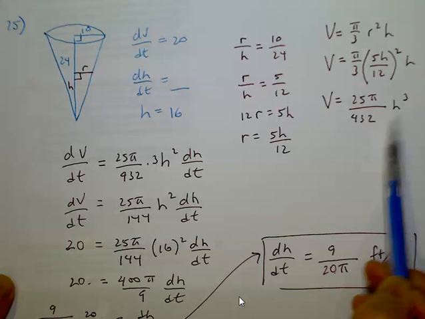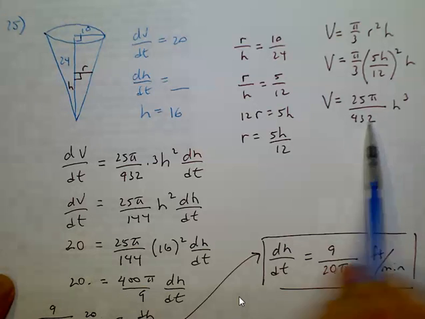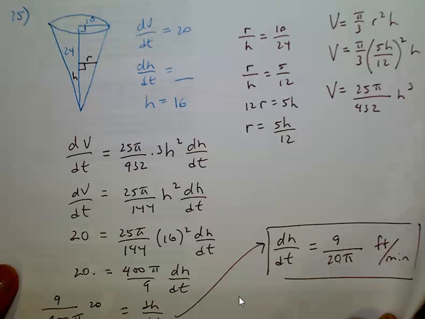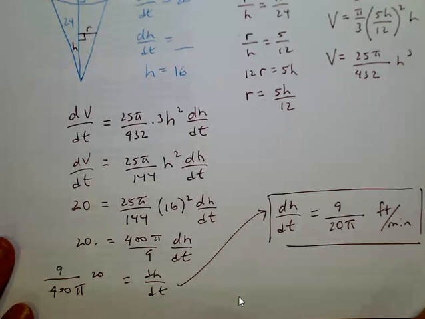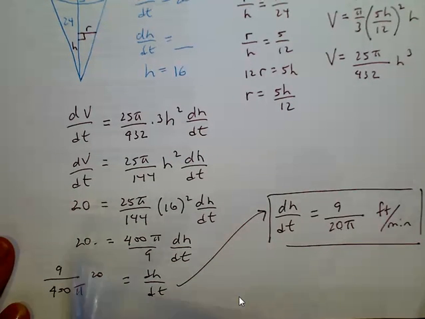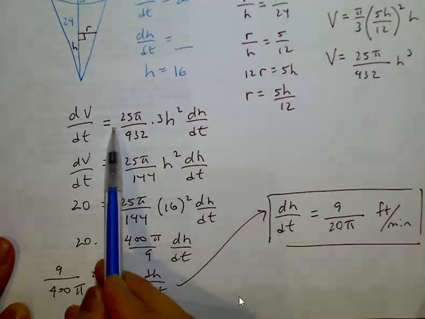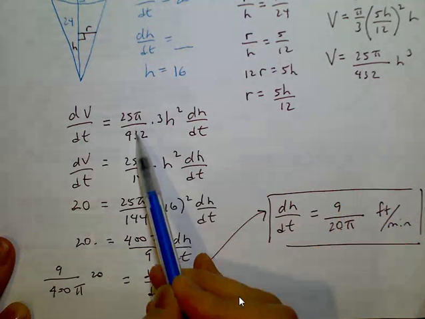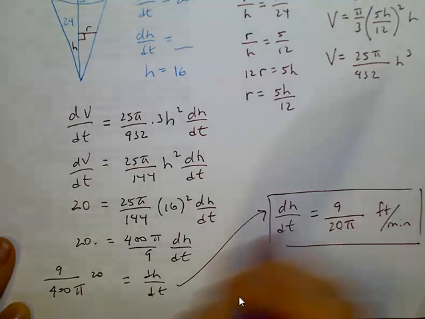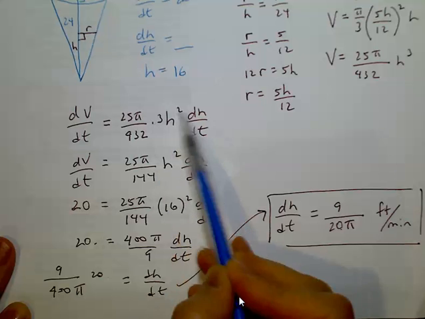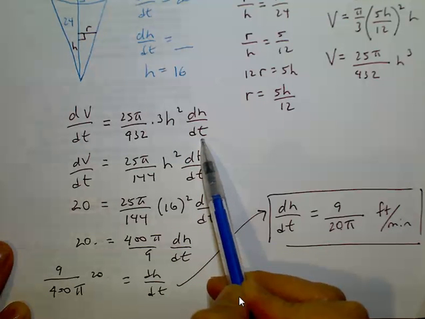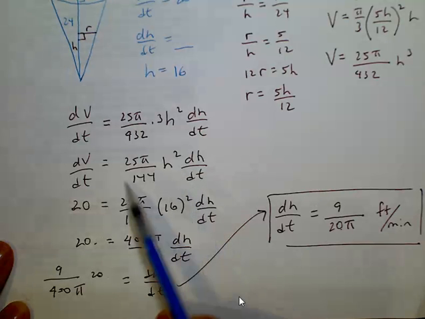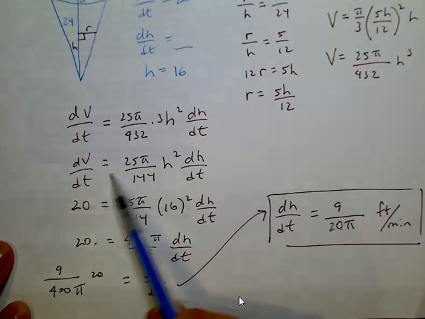Now I'm ready to take the derivative. So dV/dt is equal to 25 pi over 432, and h cubed comes out to be 3h squared dh/dt.